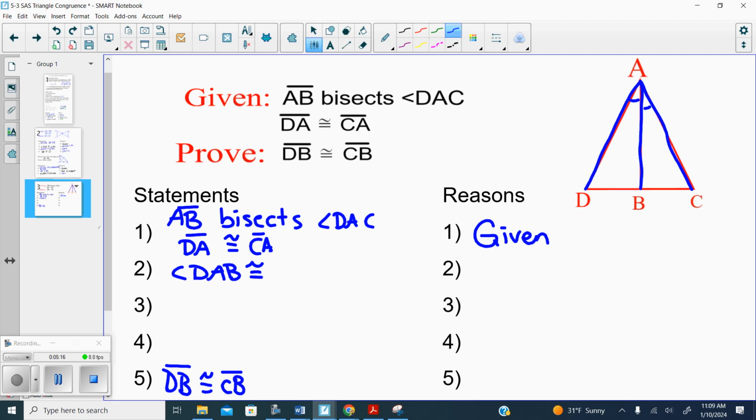Then the other little angle on the other side, you can call it CAB or you can call it BAC. I don't care as long as A is in the middle. What is my reason that allows me to do that off my worksheet? Right. Bisect means right away you've got two choices, segment or angle. This one has to do with angle.